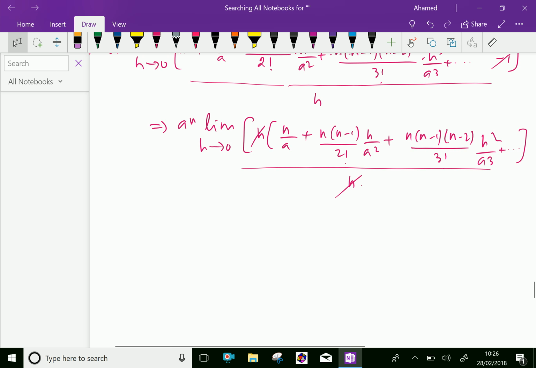Now in the denominator there is no h, and we can apply the limit.